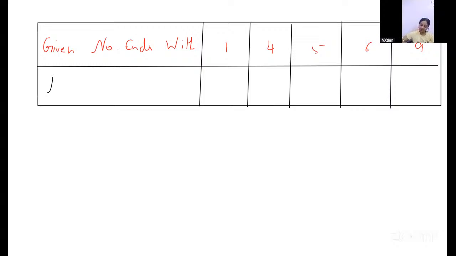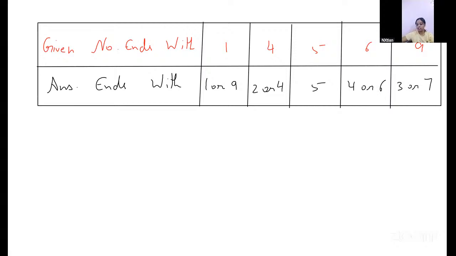So the answer ends with: for 1, it is 1 or 9. For 4, it is 2 or 4. For 5, it's only 5. For 6, it is 4 or 6. And for 9, it is 3 or 7.